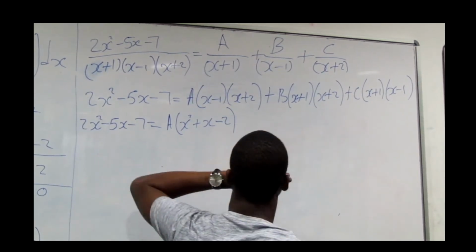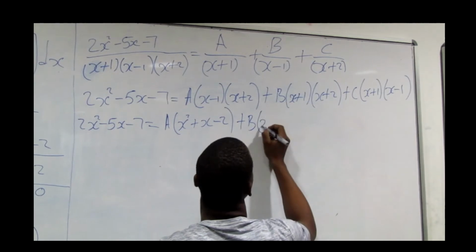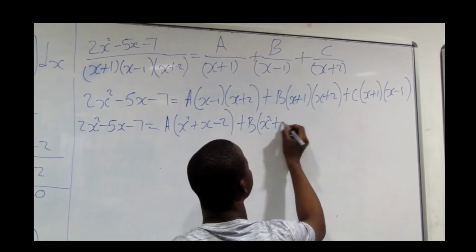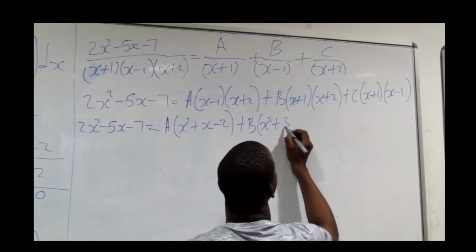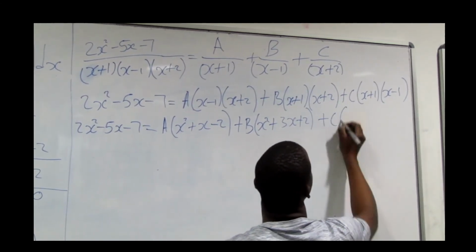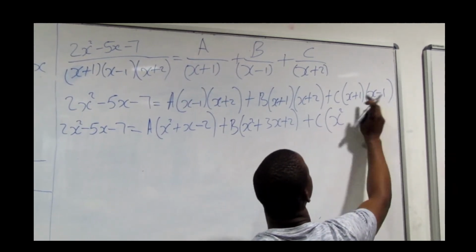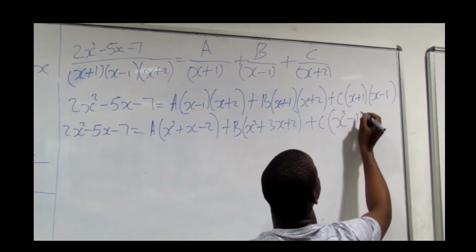Then the same is true here, but b is going to be x squared plus 3x plus 2, plus c, x squared, x minus 1.